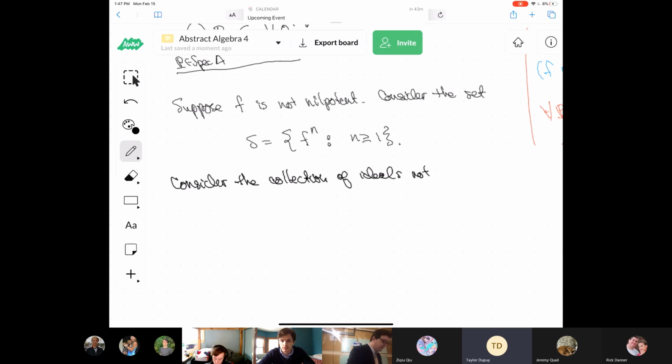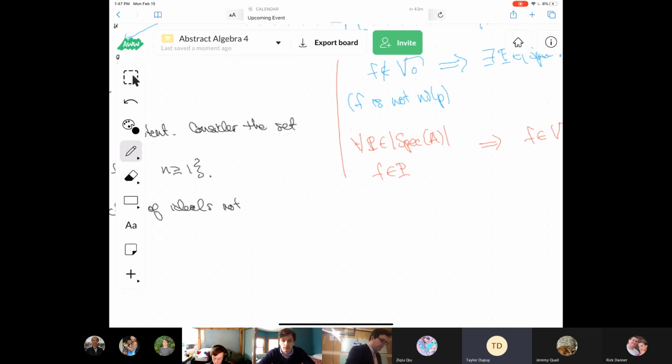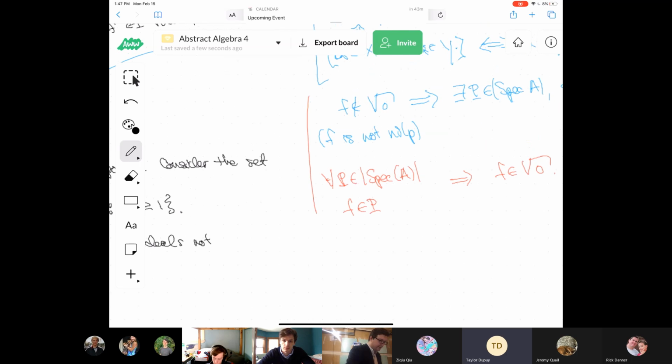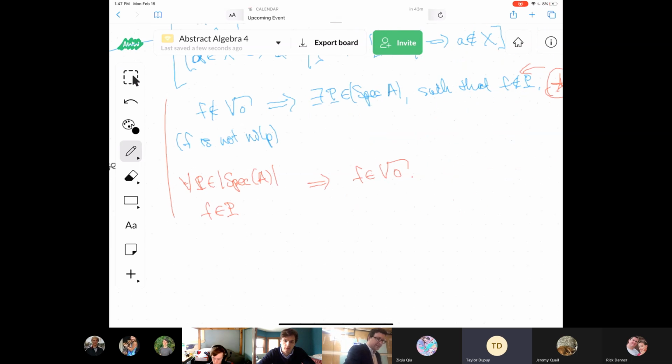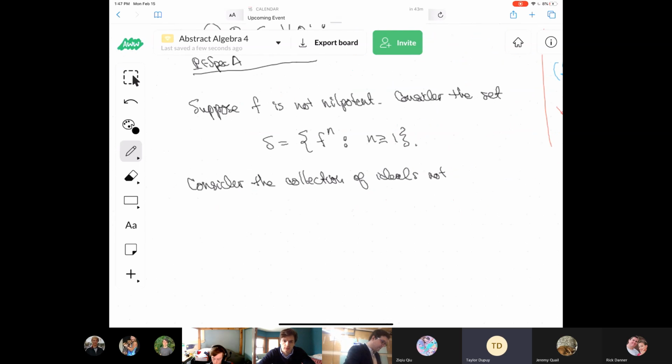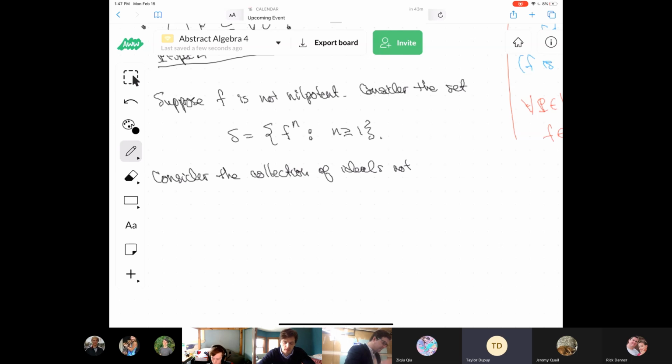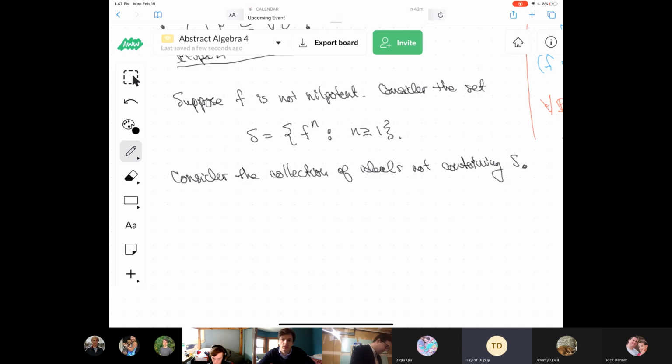I'm going to construct a prime ideal. So we're supposing F is not nilpotent. I'm going to construct a prime ideal that doesn't contain F. That's the goal. So we're considering the collection of ideals not containing S. In particular, this is non-empty.